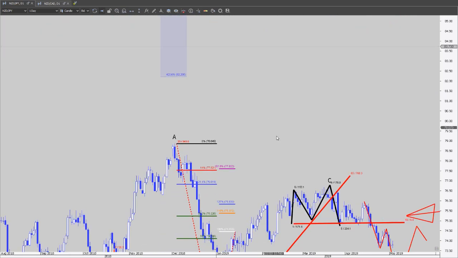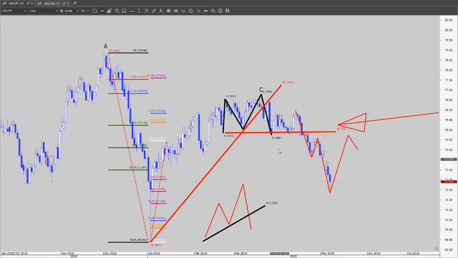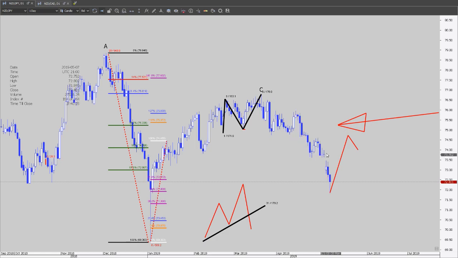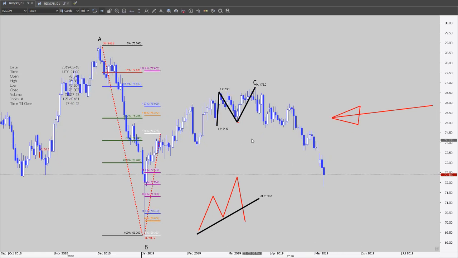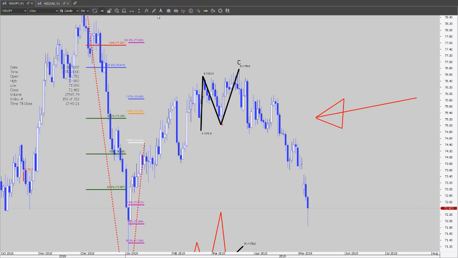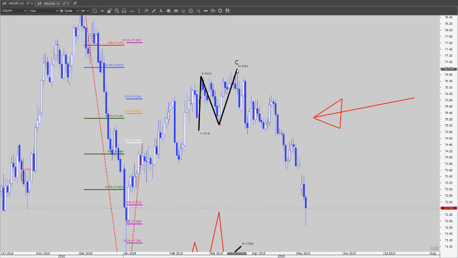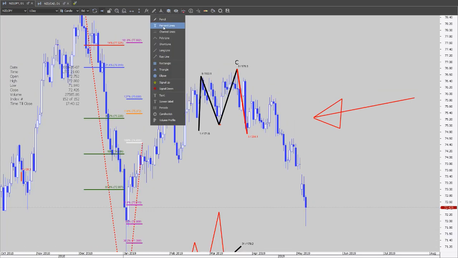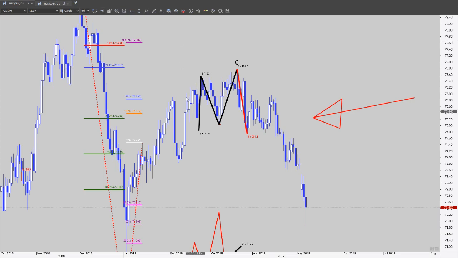Okay, now the live market. The live market is this. So we said that this was the right side of the crown. So we would put a Fibonacci retracement tool on the crown, not on the highs and the lows, everybody.